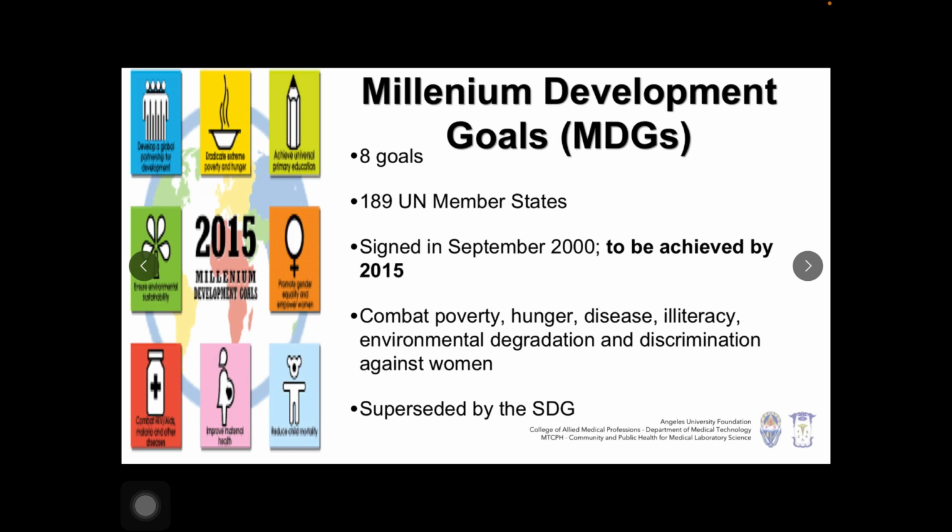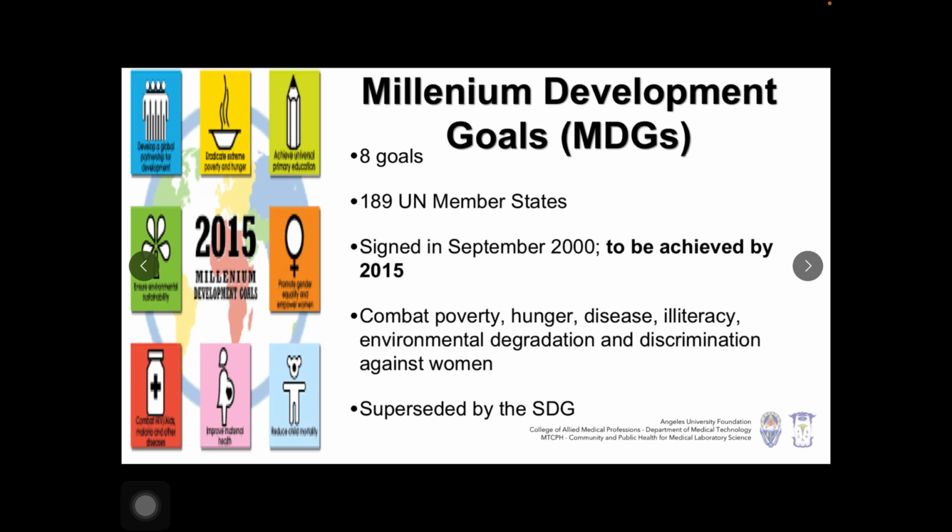They also started a global movement for free primary education, which inspired countries to invest in their future generations. Most significantly, the MDGs made huge strides in combating HIV or AIDS and other treatable diseases such as malaria and tuberculosis.